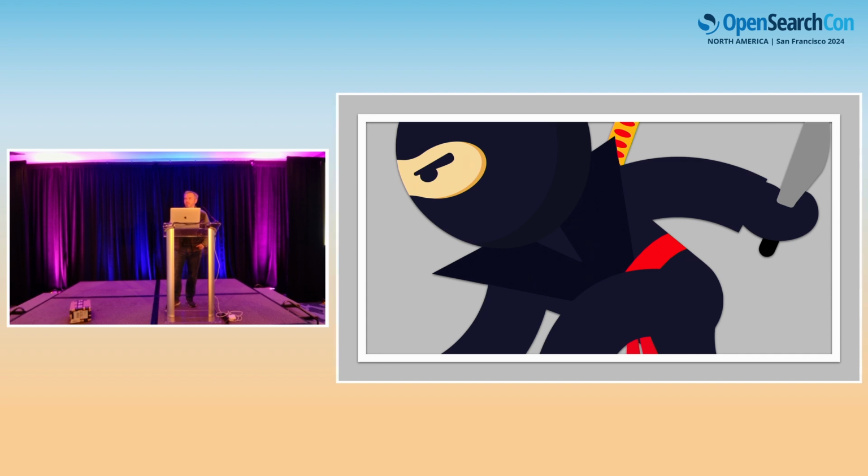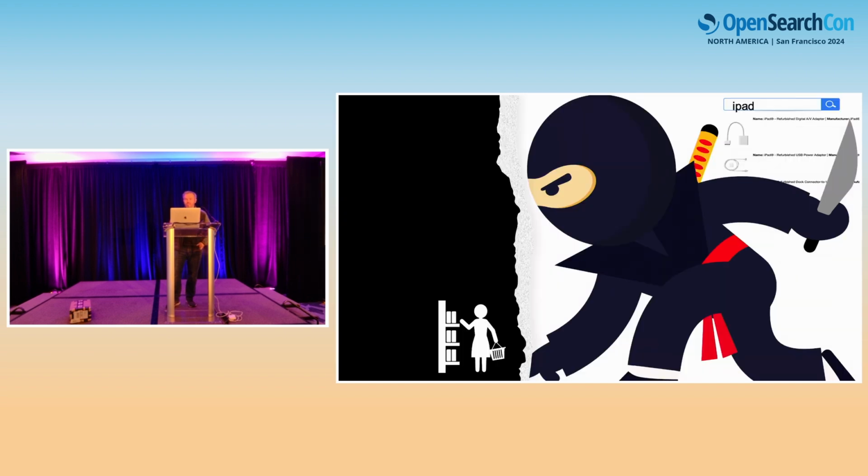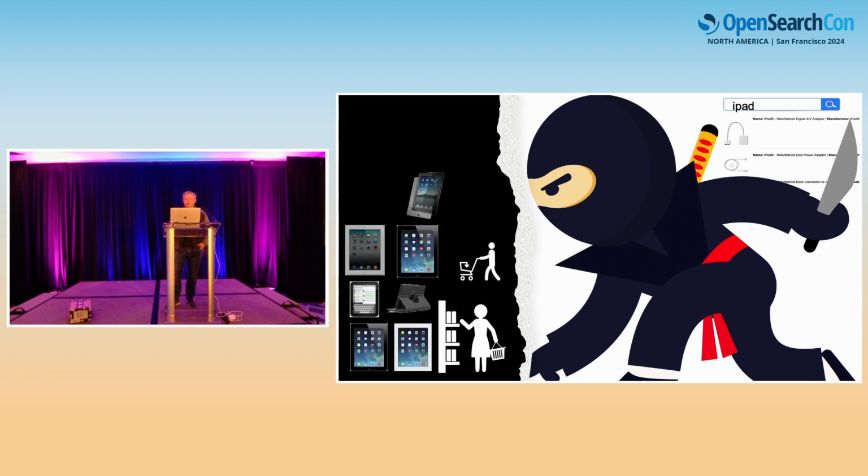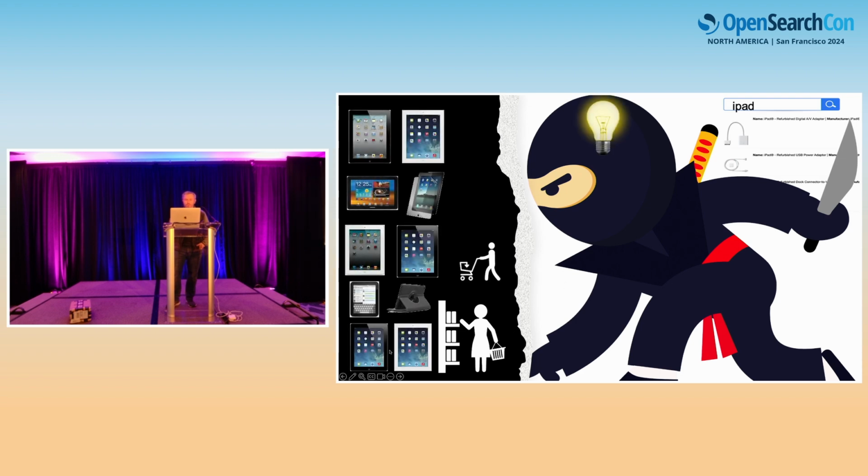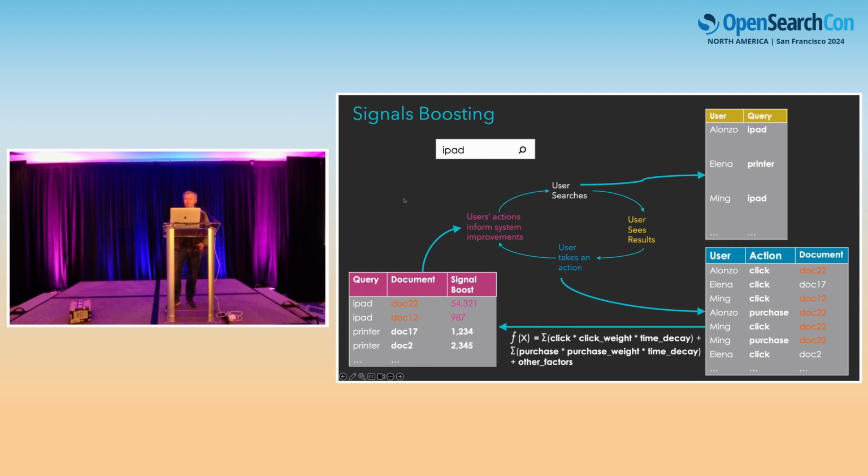So we'll put on our AI, machine learning, relevance engineering hats, and we'll be relevance engineering ninjas for a second. If I look at the problem and I look at the data I have, I realize I've got people shopping, purchasing. People who are running the search for iPad are usually purchasing these things. So I'm going to use that information to build a signals boosting model.